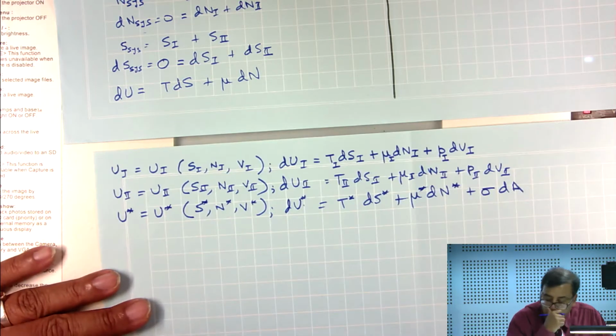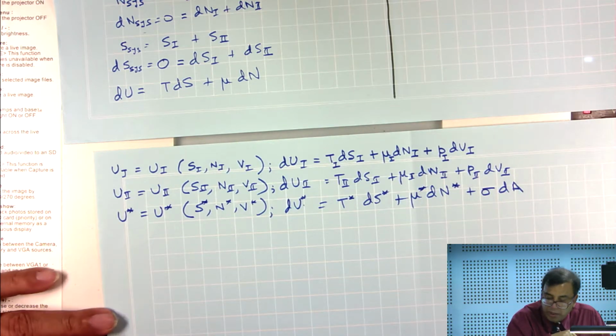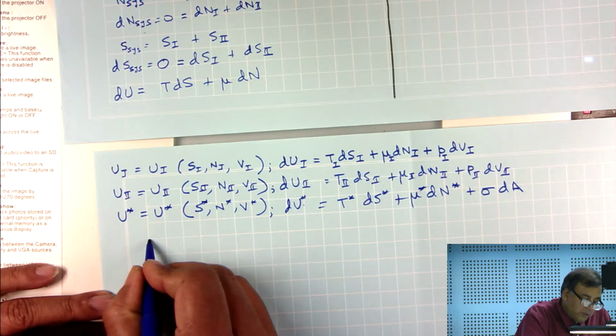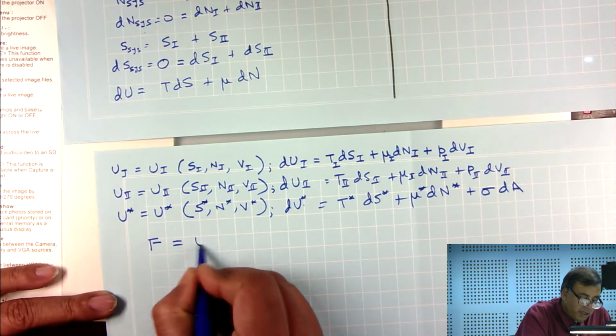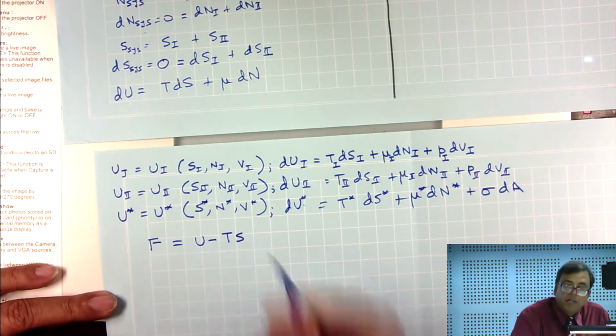So, now if I want to see how much is the work that I can extract out of the system, I go to Helmholtz free energy and I define it as U minus TS.